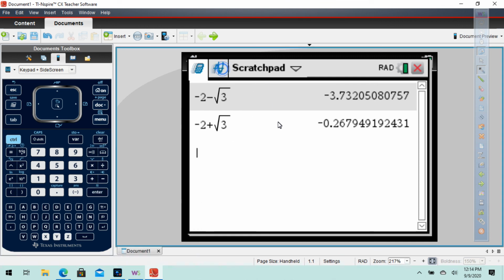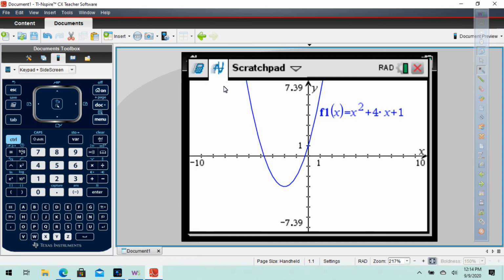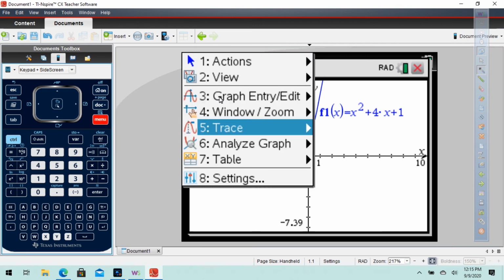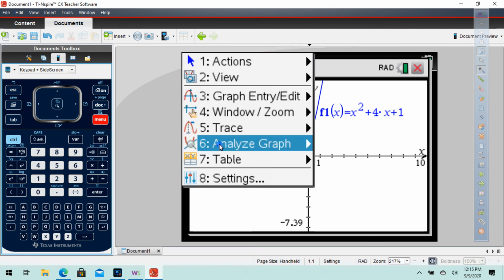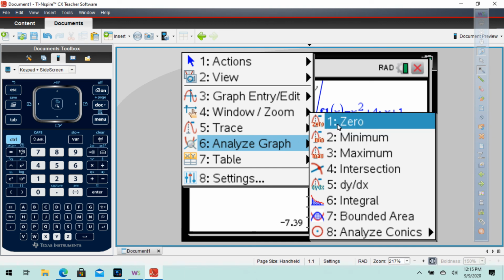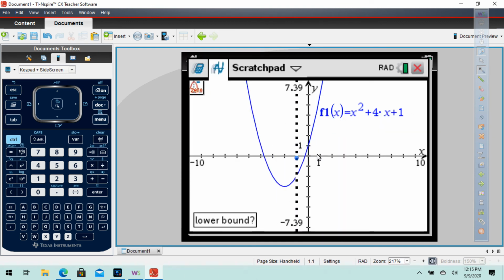So if you go back to your graph, let's see, 1, 2, 3, 4. So it's almost, and then if you press menu 6, 1, you'll see that's -2.68.